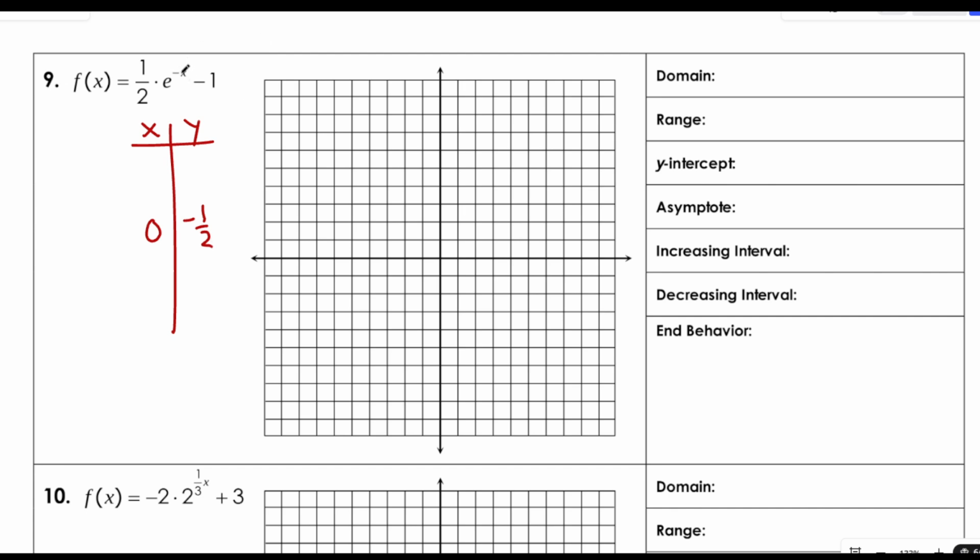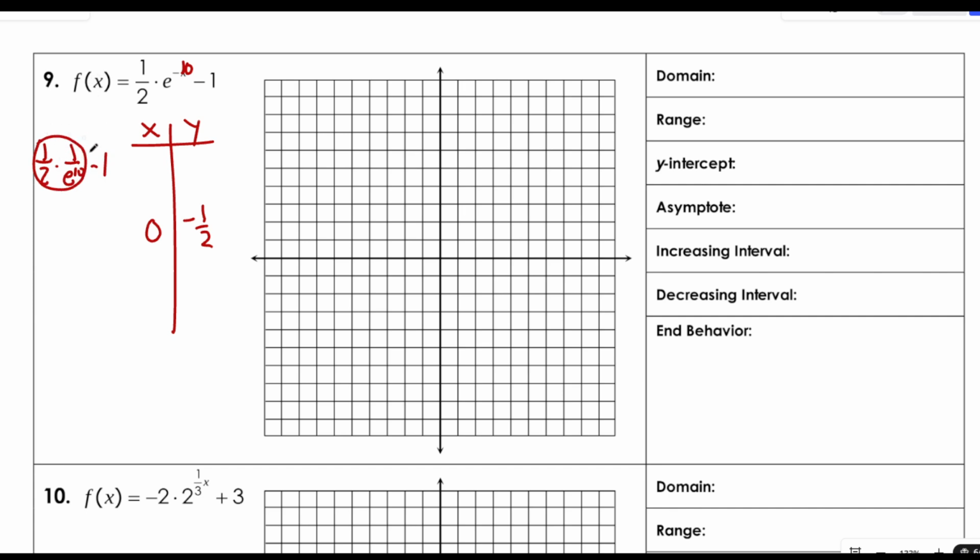If I plug in bigger and bigger numbers, this is going to get smaller and smaller and smaller. So, for example, if I plug in 10, it's going to be 1/2 times 1 over e to the 10 minus 1, which is basically nothing, right?